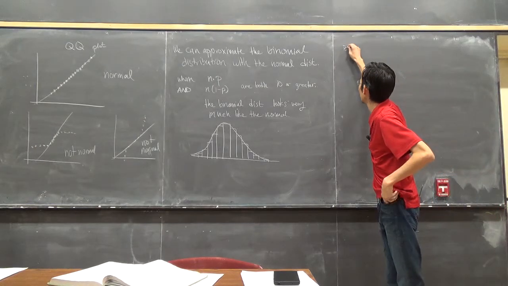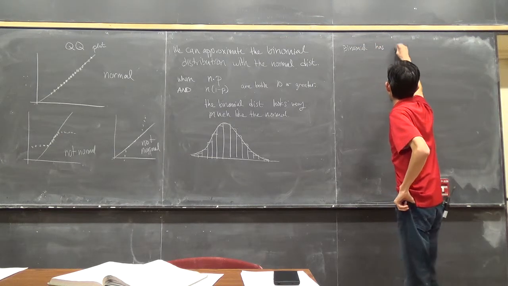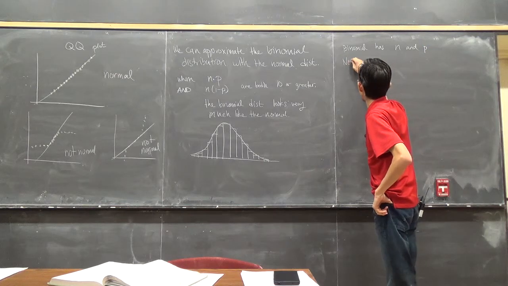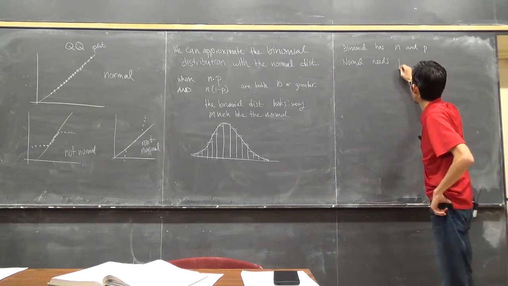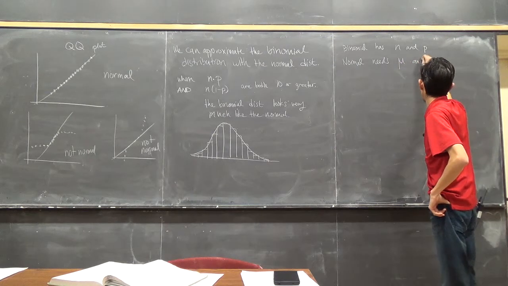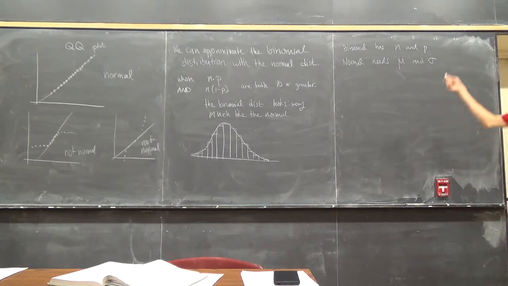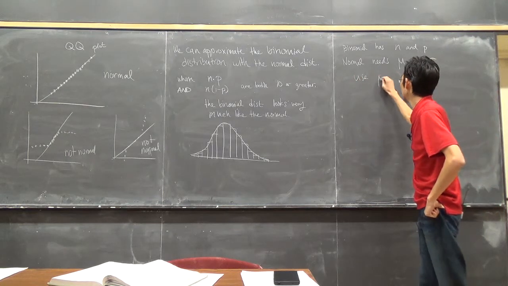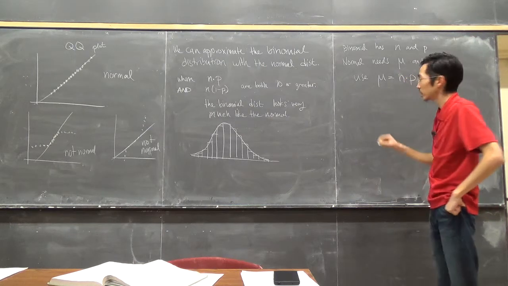So binomial has n and p, and the normal needs a mean and standard deviation. To relate the binomial to the normal, we are going to use the mean equal to n times p.